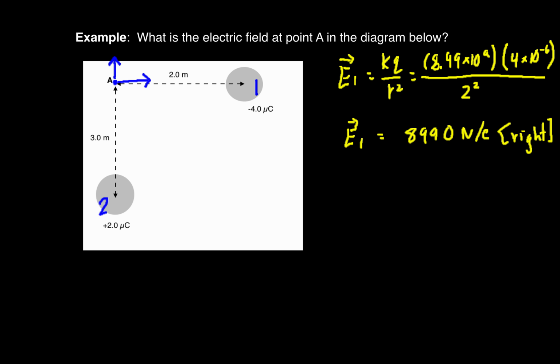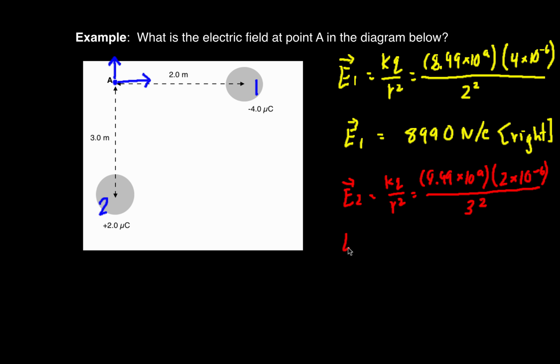The electric field of the second charge is going to be calculated as well. This is E2, which is kq over r squared, which is 8.99 times 10 to the 9 coulombs constant, times the charge, which is 2 microcoulombs, which is 2 times 10 to the minus 6 for micro, divided by the distance to this charge, which is 3 squared.